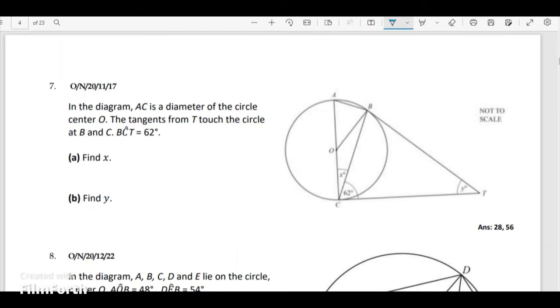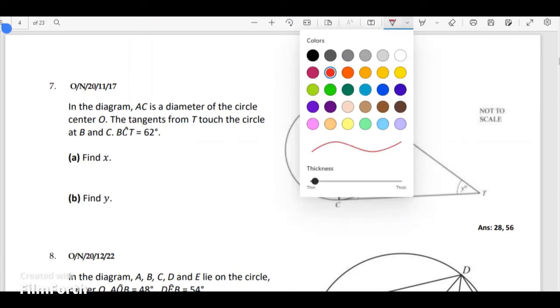Okay, so we have question 7 next. In the diagram, AC is a diameter of the circle, and the tangents from T touch the circle at B and C. BCD equals 62 degrees, all labeled on the diagram. We have to find x degrees, that's here. Now that's very easy.